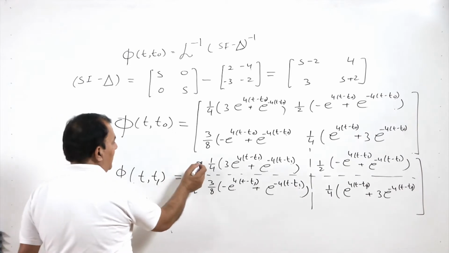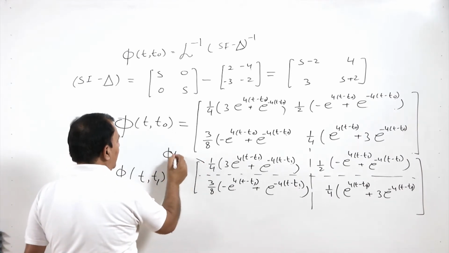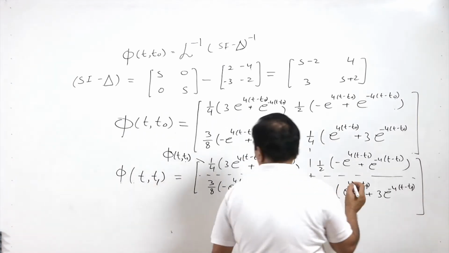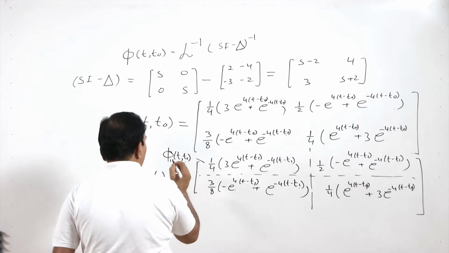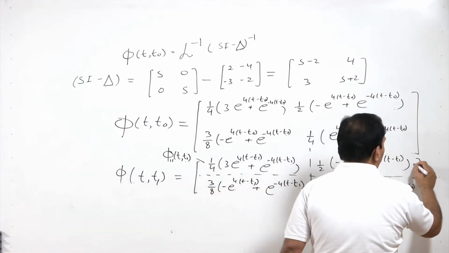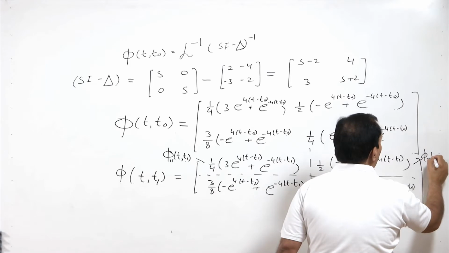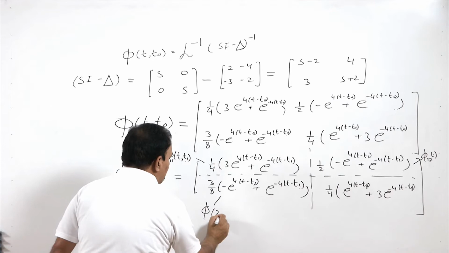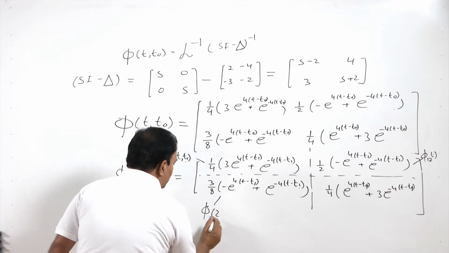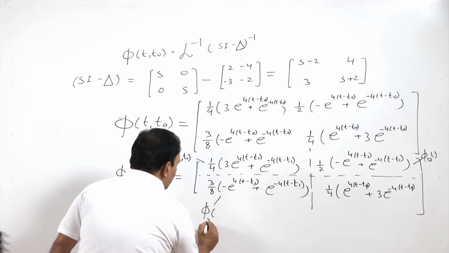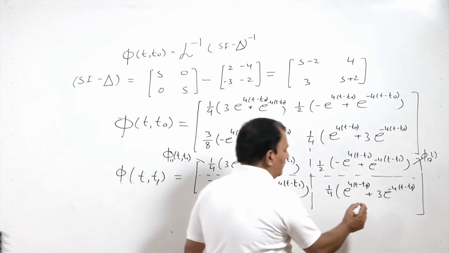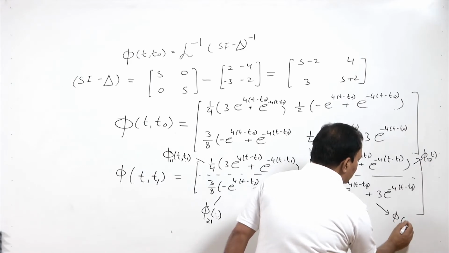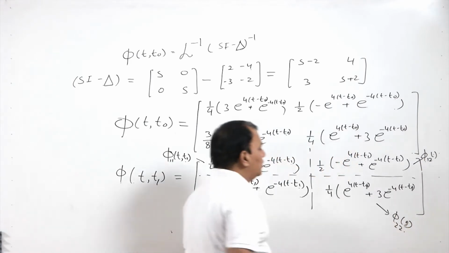The first one will be my phi 1 T1, this is phi 1, and this will be my phi 2.